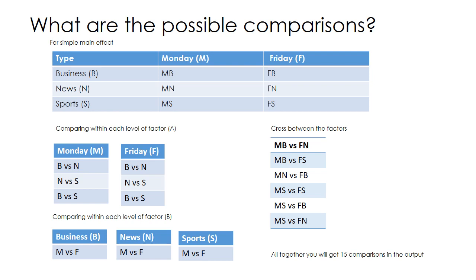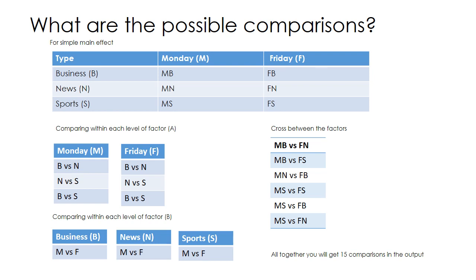And then what we are doing is comparing within each level of factor A. Remember, we would like to split them up, so you split by factor A or factor B. In this case, the first one is split by factor A, and my factor A is the day, Monday and Friday.